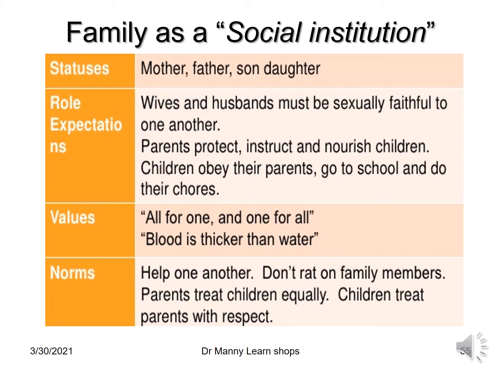And the norms are basically to help one another and to treat parents with respect. And parents should be treating children, well, I don't believe equally, but certainly with respect and dignity. Children are children, parents are parents. Children obey their parents, and parents do the right thing by their children.